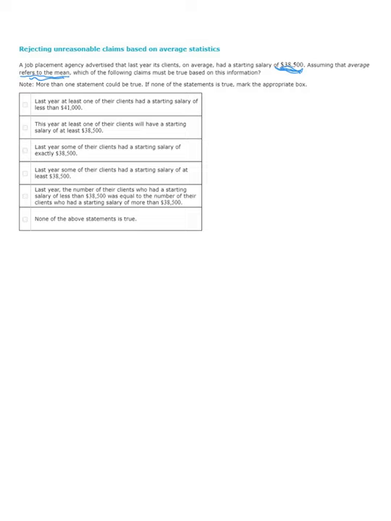It says last year at least one of the clients had a starting salary of less than $41,000. So think about that: in order to have an average of 38.5, does somebody have to have a starting salary less than 41,000?